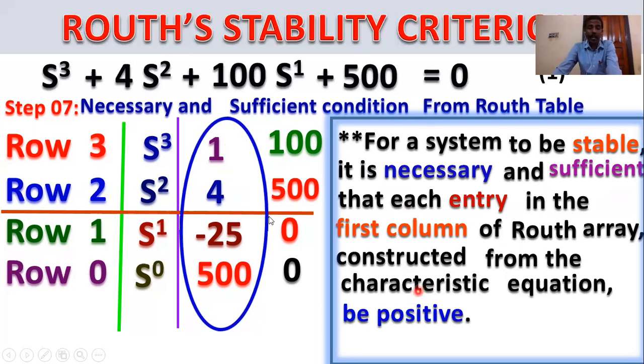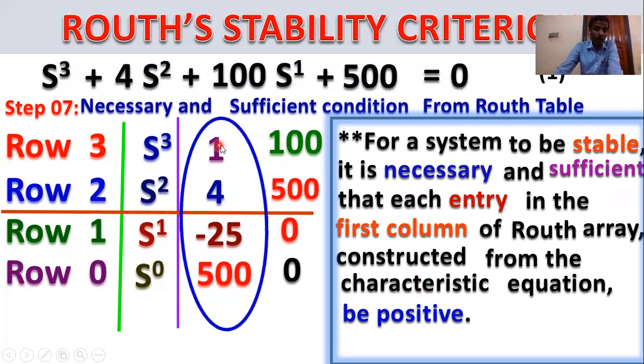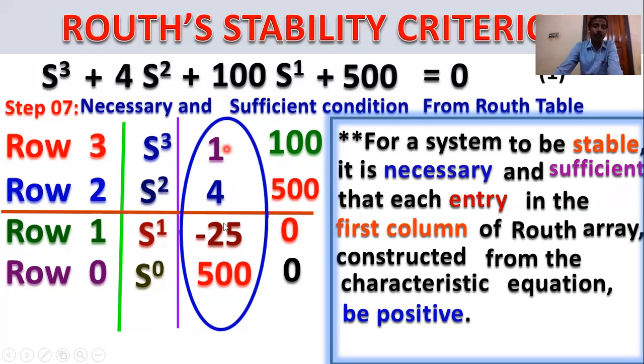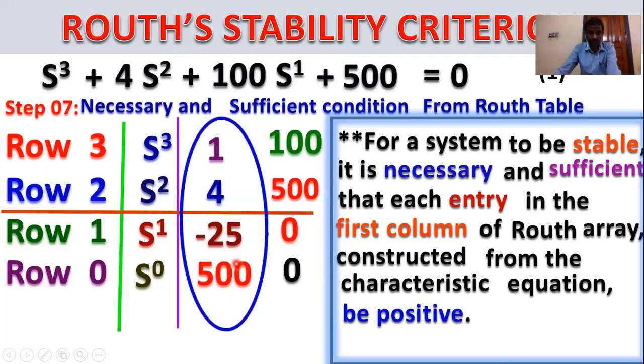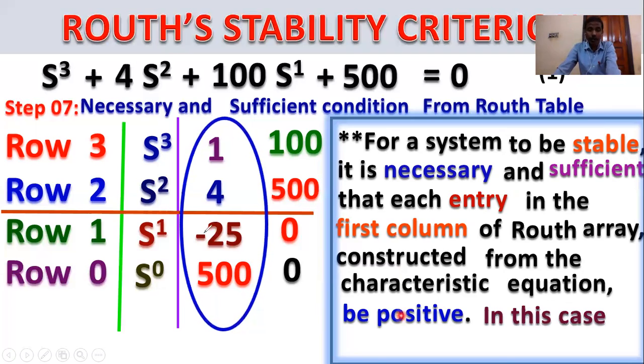If 1, 4, 25 and 500 were all positive, then the system would be stable. But in this case, this is minus 25, so the necessary and sufficient condition is not satisfied.